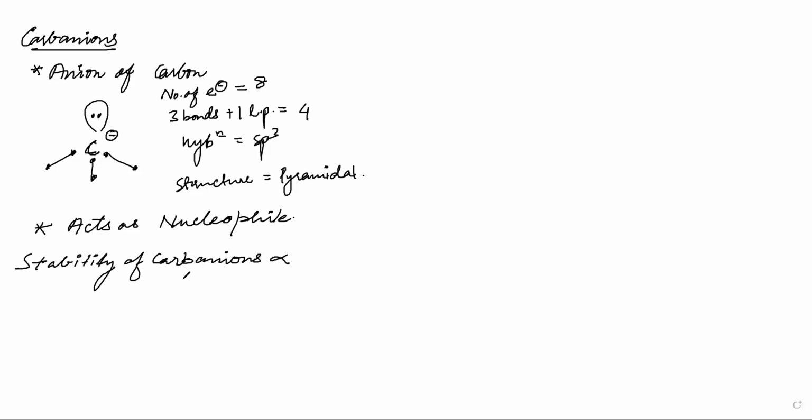We can stabilize it by decreasing the negative charge, right, Fatima? If we decrease the negative charge, the charge density will decrease, and then the carbanion will become stable, correct? Okay, fine.